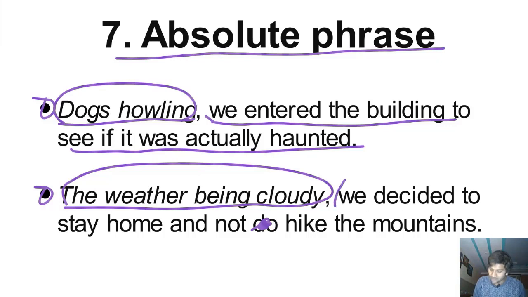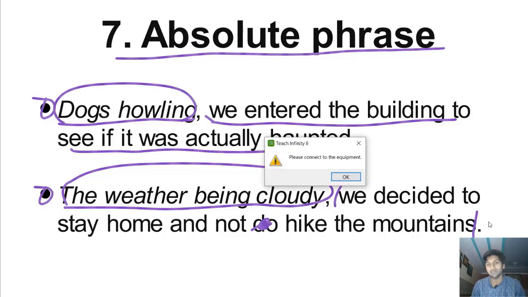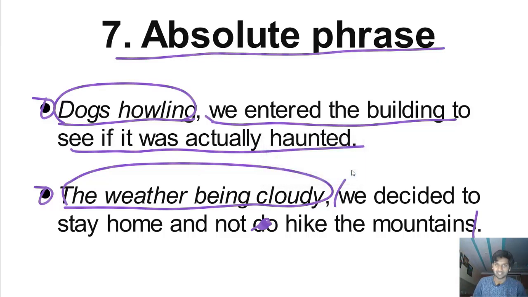So this is the main clause: we decided to stay home and not hike the mountains. Why? The weather being cloudy, because the weather was cloudy. This is why we didn't do that. So here it's working as the reason why the main clause didn't happen. All right.